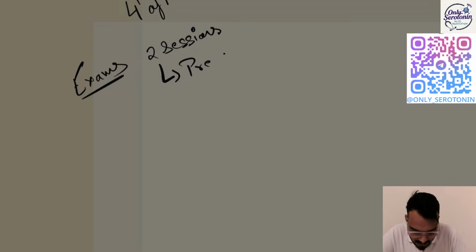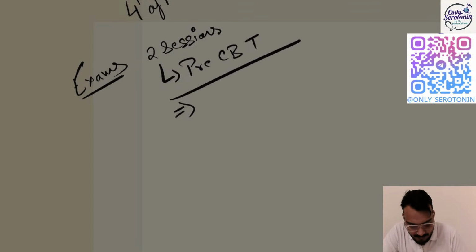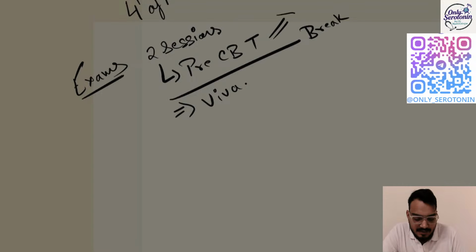So in your exams, you will have two sessions, right? In the first session, you will have pre-CBT, and in between, we will have a break. After the break, we will have Viva. In pre-CBT, you get the same MCQ questions which are there in the module.